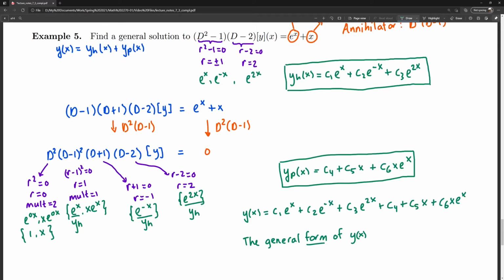And in the interest of time, to not make this video too long, I will plug this in and just show you the final values of C4, C5, C6. So this is a good moment to pause the video and see if you can plug this in and figure out what C4, C5, and C6 are.